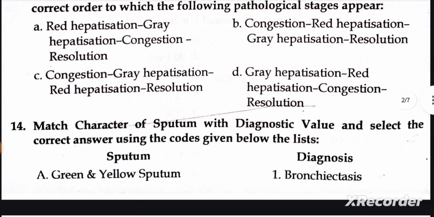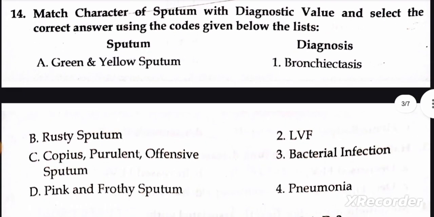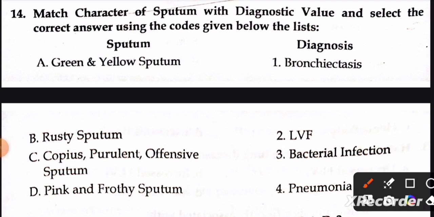Next question is match character of sputum with diagnostic value and select the correct answer using the codes given below the list. Sputum: A green and yellow sputum, B rusty sputum, C copious, purulent and offensive sputum, D pink and frothy sputum.